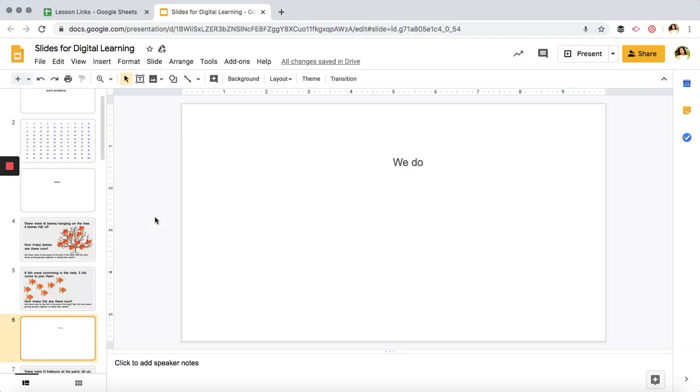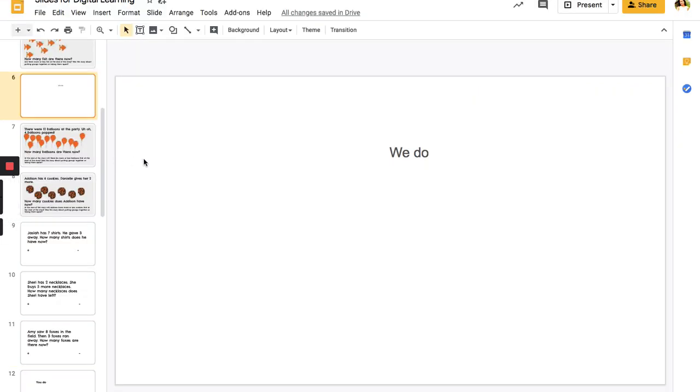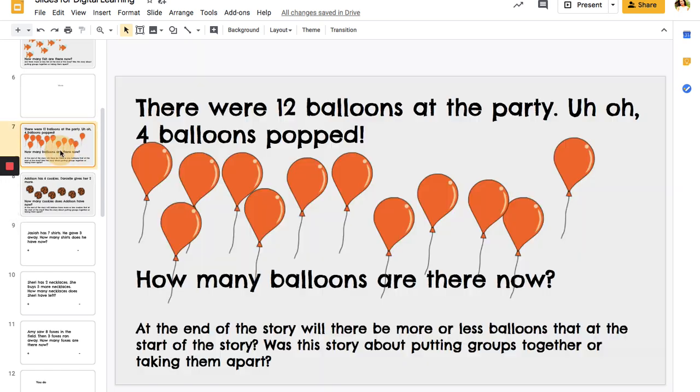Now we're going to work on some together. So we're going to do this together as a group. Okay, boys and girls, so what we're going to do now is we are going to look at some problems that we can work on together, okay? So what we're going to do is we're going to look at our equation, and I am going to do this with you.